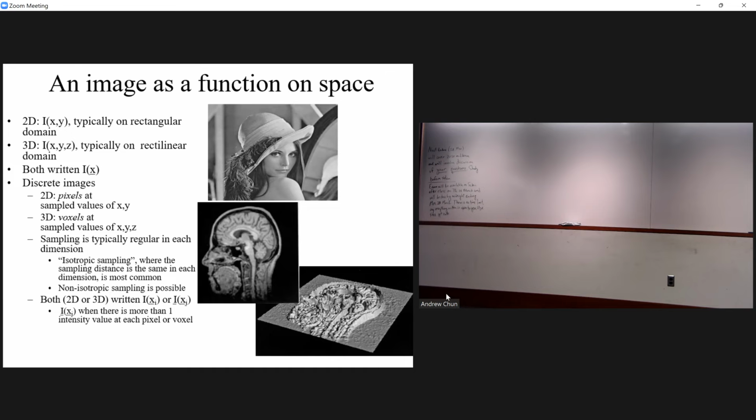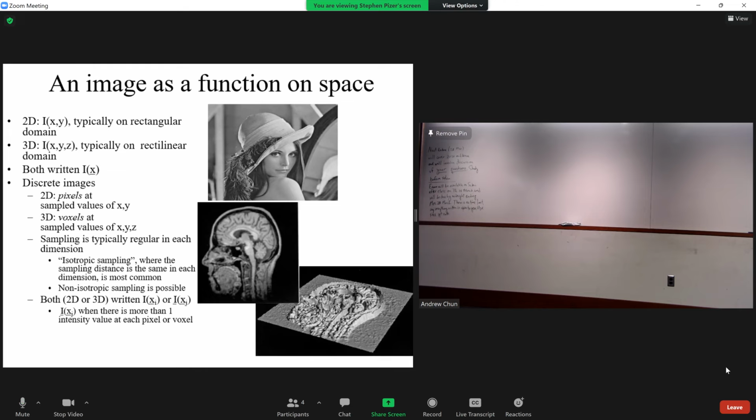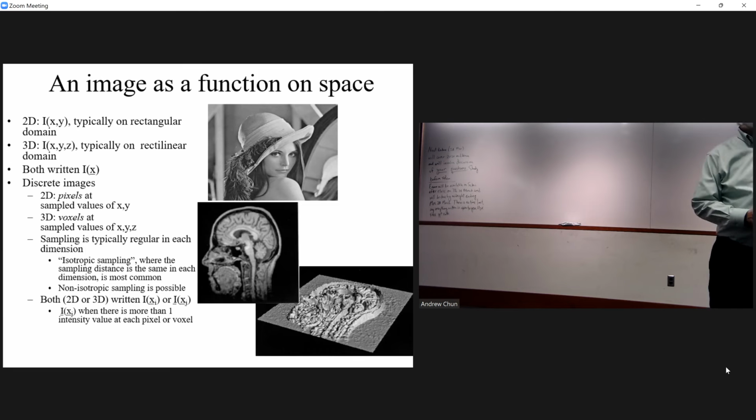And I've also given lots of examples in 1D. But please be informed that the exam will certainly have questions about the extensions to 3D. Okay? And of course, in general, there can be even more dimensions, such as time. But the exam will not go into spatial dimensions beyond 3. Okay?